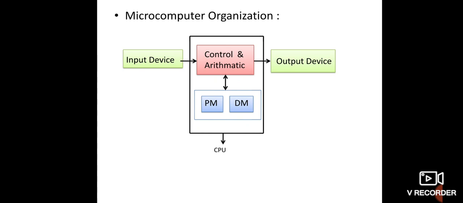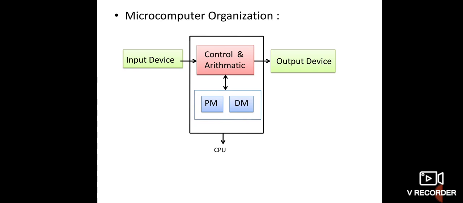In CPU, again control and arithmetic unit and memory unit, and last one is output device. A computer system always contains 5 main blocks. Which 5 main blocks? Input device, control and arithmetic units, PM means program memory, data memory and output device.